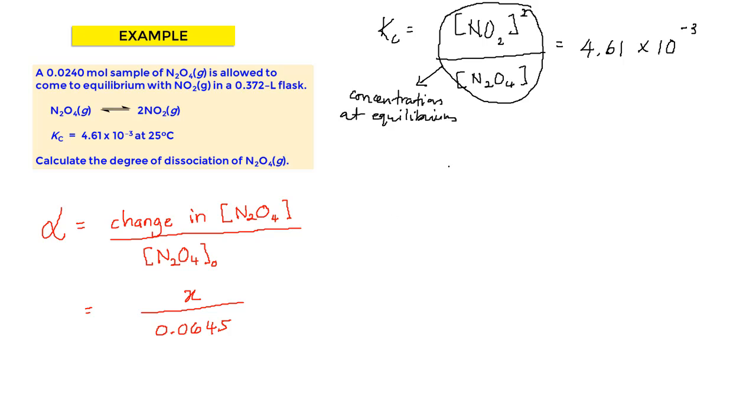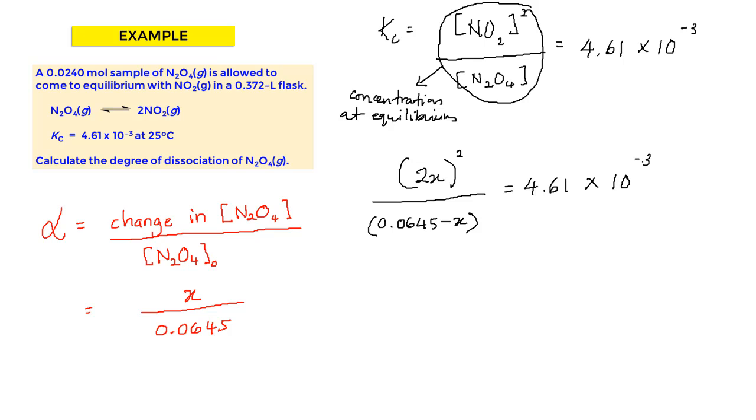Okay, so from the reaction table, the concentration of NO2 at equilibrium adalah 2X. Since kat sini power of 2, maksudnya kuasa 2, divide by 0.0645 minus X. Okay. So, ini adalah sebutan KC at equilibrium from the reaction table. It is equals to 4.61 times 10 to the power of negative 3.